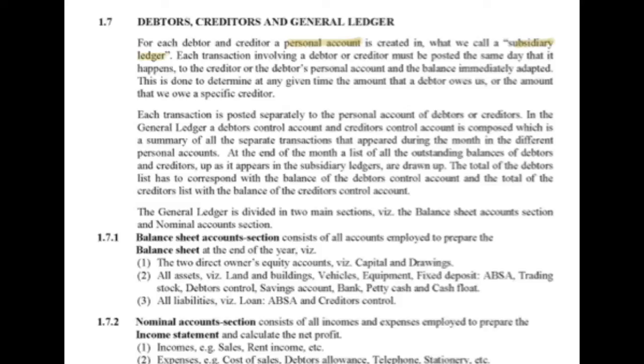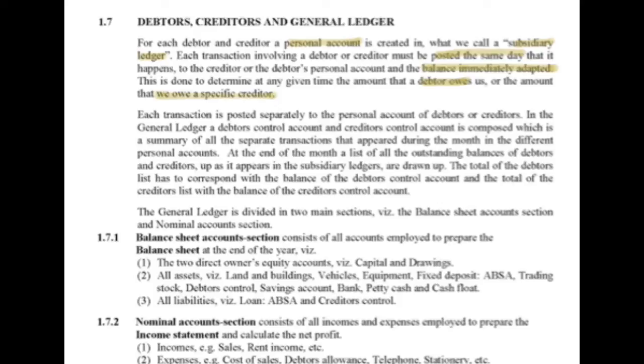Now, each transaction involving a debtor or creditor must be posted on the same day that it happens to the creditor's or the debtor's personal account, and the balance is immediately updated. This is done to determine at any given point in time the amount that the debtor owes us, or the amount that we owe to a specific creditor.